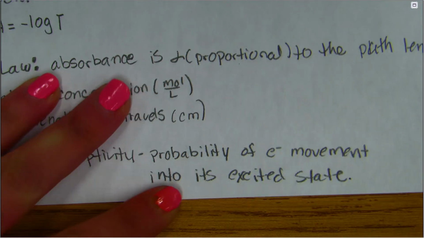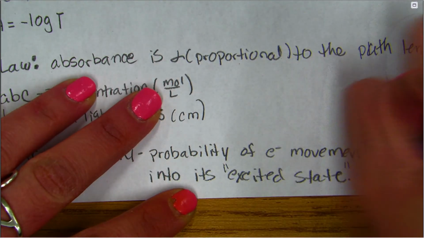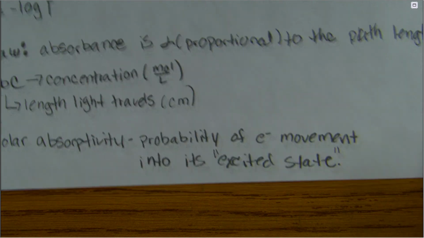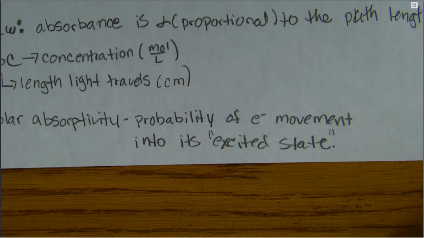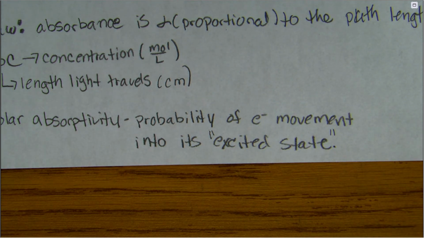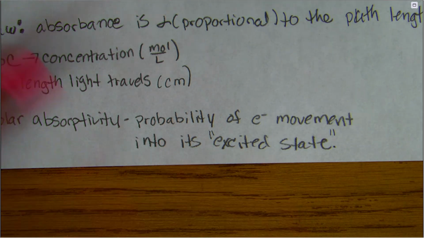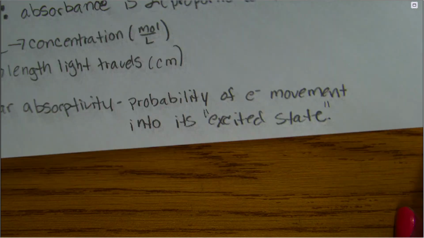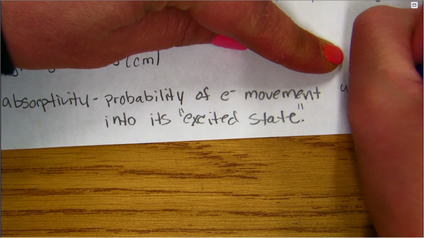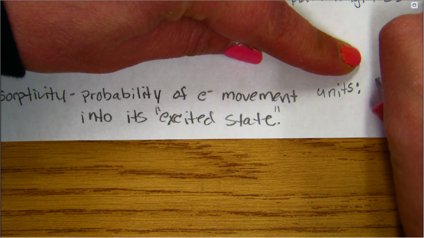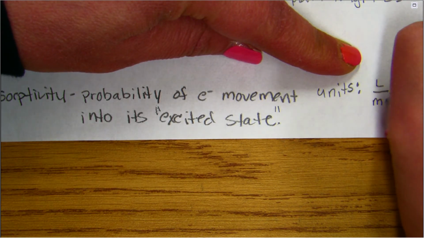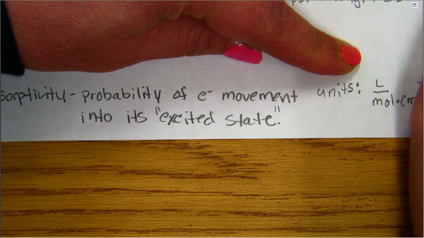If you'll remember from honors chemistry, when we zap electrons with energy, they get excited and move energy levels, and then they fall back down to ground state, emitting a wavelength of light. So our units for molar absorptivity are liters over mole times centimeters.